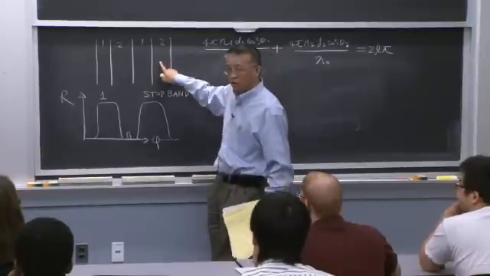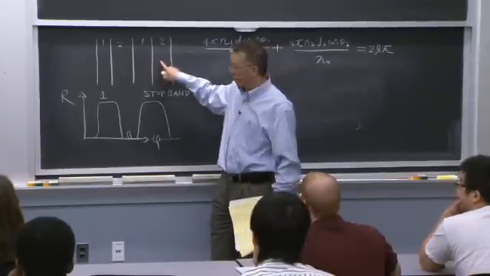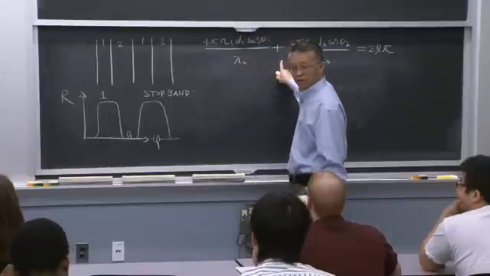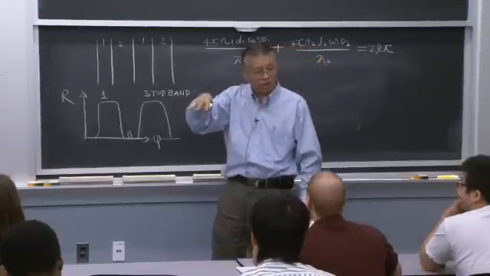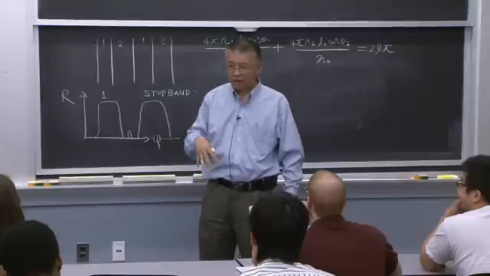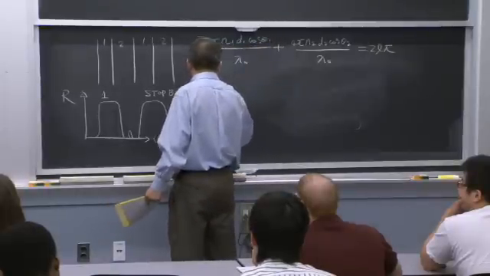Because this quarter wavelength stack is called the Bragg reflector. And this is the Bragg condition. We talked before about the X-ray Bragg condition. When you have a periodic structure, the wave cancels, right? So this is the corresponding Bragg condition, and this is a Bragg reflector.